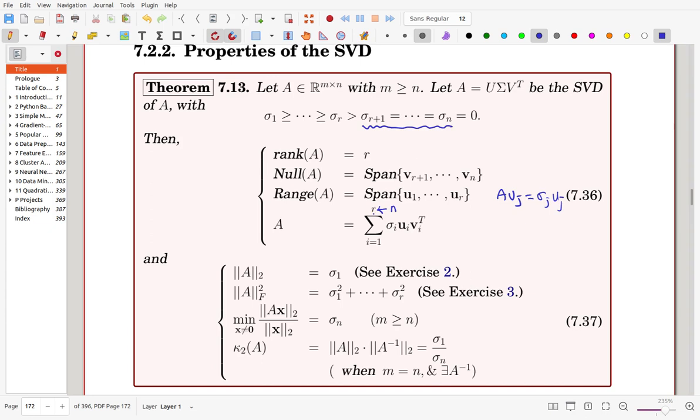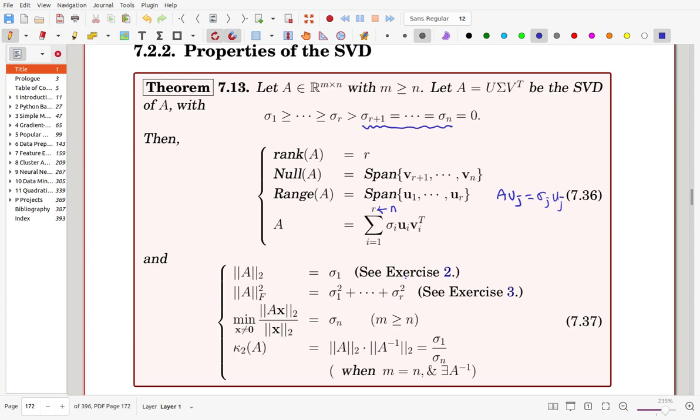can put r here. If you try to measure the L2 norm, the matrix norm, then it must be sigma 1. And if you measure the Frobenius norm, the norm squared must be the sum of the singular values squared.